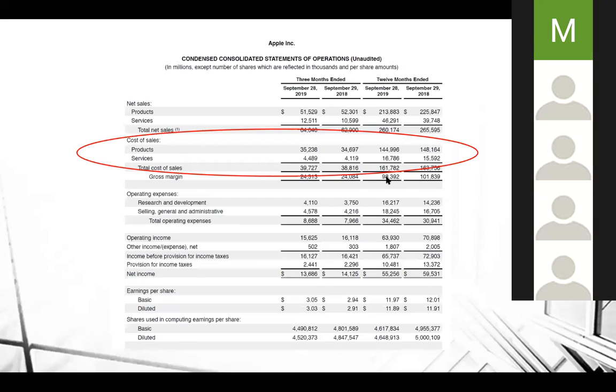But if you see here, Apple doesn't call it cost of goods sold. And as you start to look around at a lot of different companies in their income statement, a lot of companies are no longer calling it cost of goods sold, they're calling it cost of sales. Now, why would Apple choose the word cost of sales versus cost of goods sold?